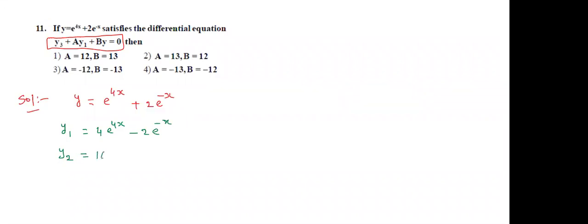What we get here? 16e^(4x) + 2e^(-x). Again differentiate with respect to x. Now we get 64e^(4x) - 2e^(-x).